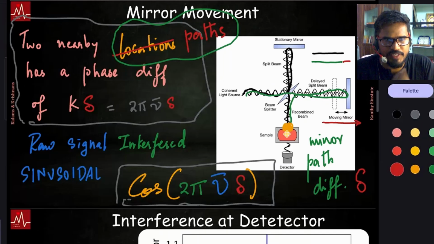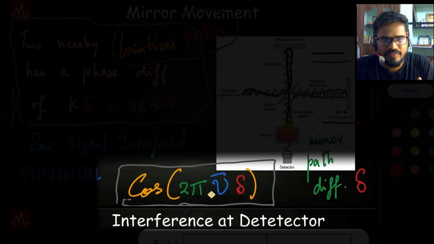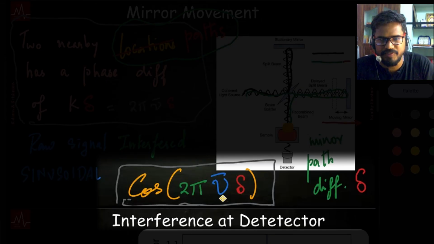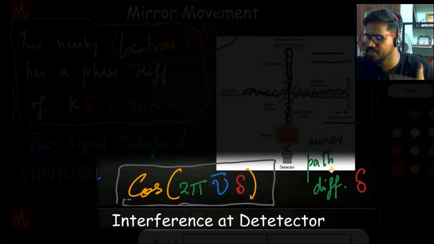There are two signals arriving at the detector with a slight path difference. Path difference is registered as a net phase in the interfering signals, and the path shows up as the phase. A slight change in location is a slight change in phase. A slight change in additional movement, additional distance traveled, is a slight change in phase.